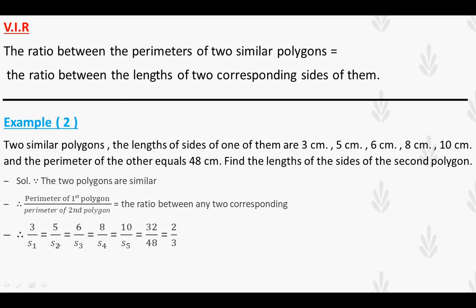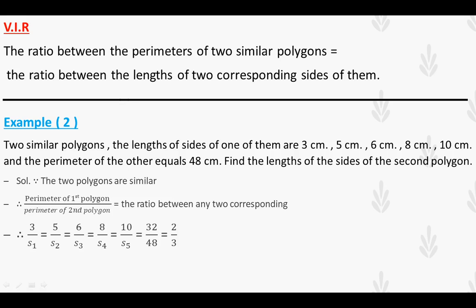And 5 over side 2, equals 6 over side 3, equals 8 over side 4, equals 10 over the fifth side. All of this equals the perimeter of polygon 1 over the perimeter of polygon 2. We don't have the perimeter of polygon 1, but we can find it.